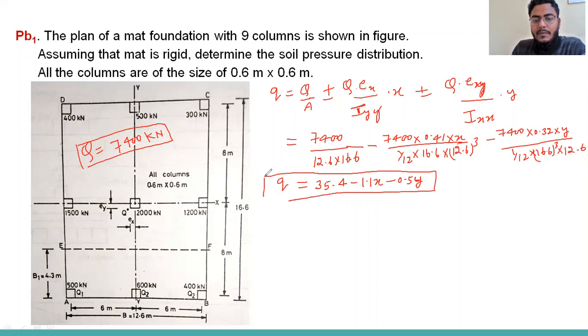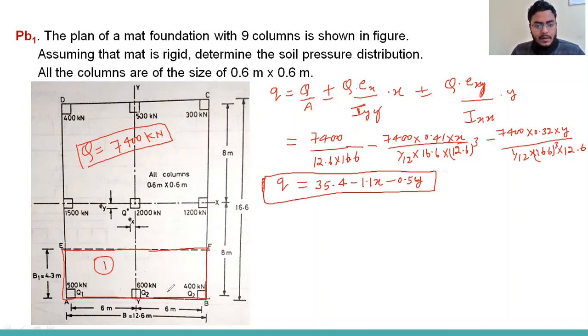So we can calculate the pressure at any point within this raft by putting the values of x and y according to their coordinates, with their sign convention also. Now let's assume we divide this raft into a number of strips. I'm taking this as the first one, and I will work on strip 1.